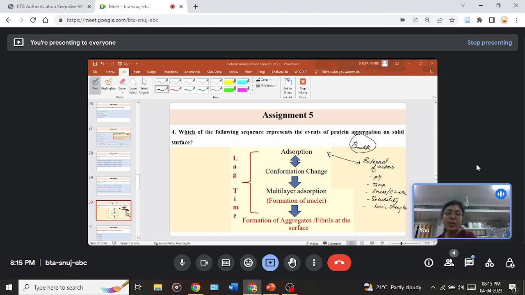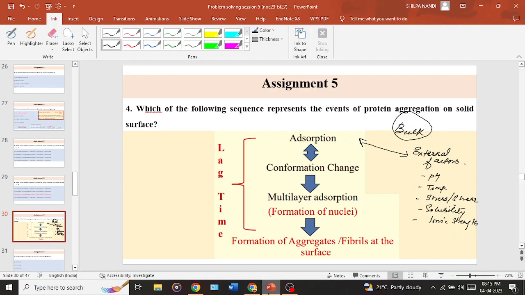You must remember this if such questions arise, so you do not confuse the protein aggregation events in the case of solid surfaces with the protein aggregation events in the case of bulk, right? Do you have any doubts in this question? If there is no doubt, we will probably move ahead.